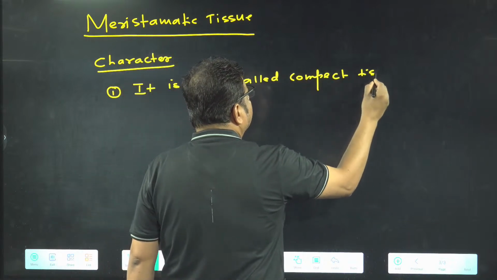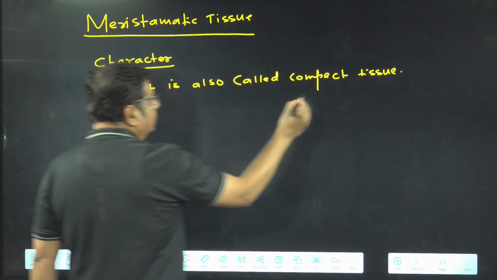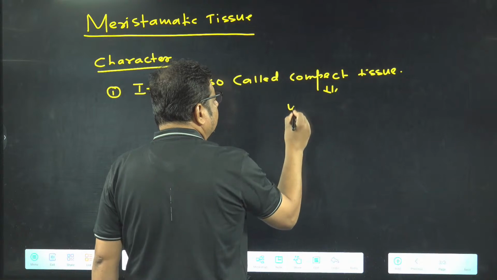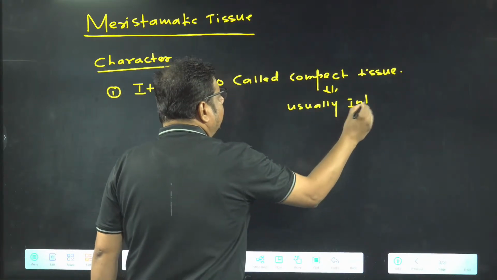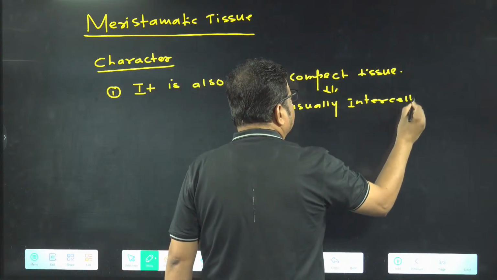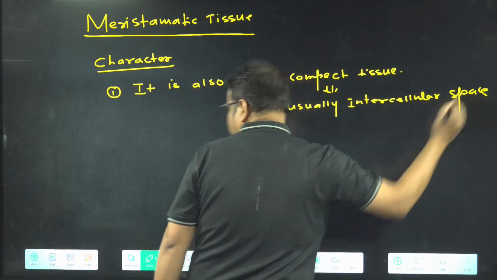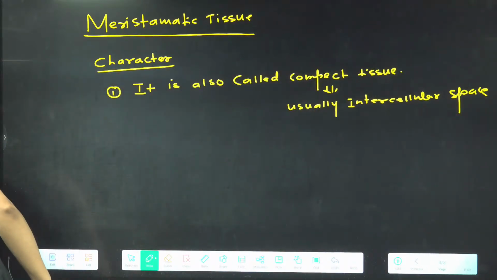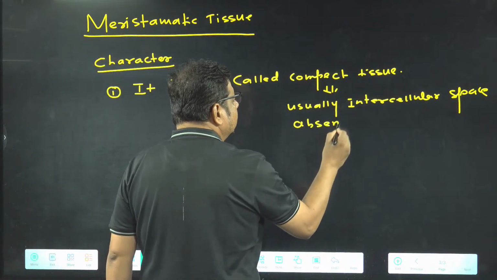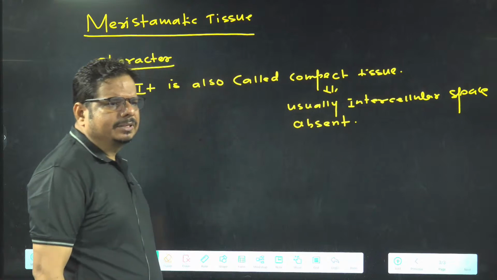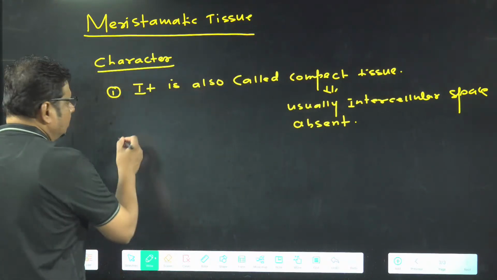Why is it called compact tissue? The reason is that usually intercellular space is absent. Got the idea? And that is the reason it is called compact tissue.